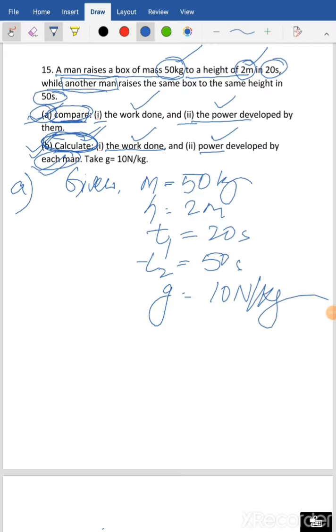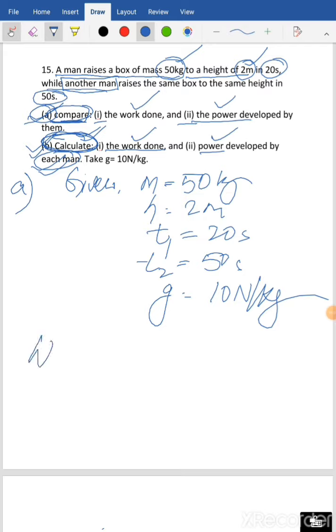All right, now here we know that both the men are raising up the same box to the same height, so they will be doing the same work, isn't it?